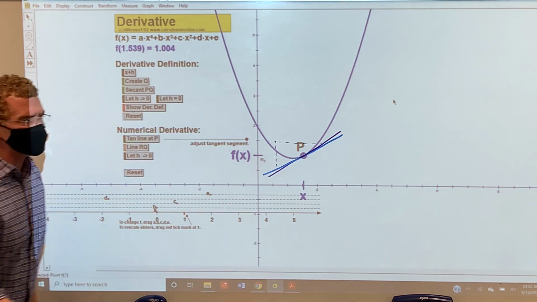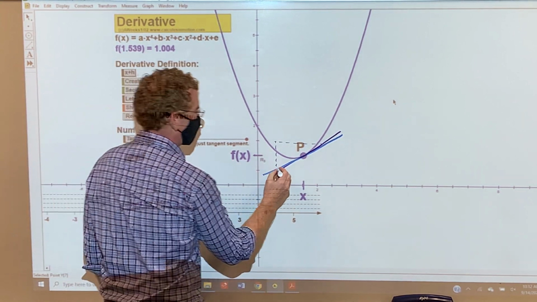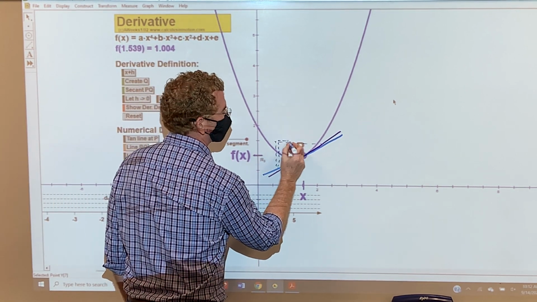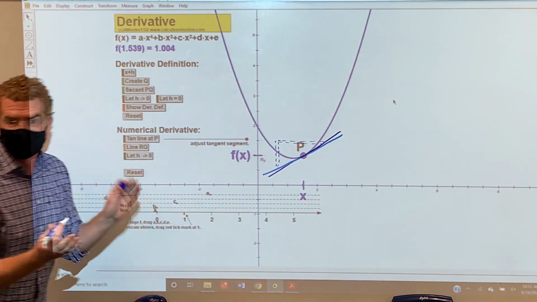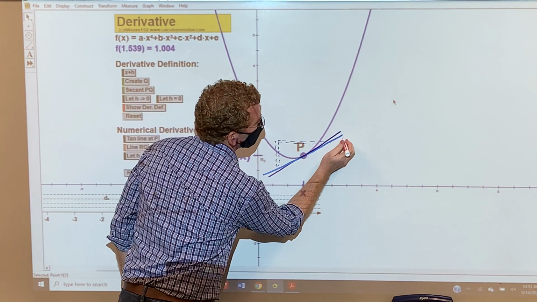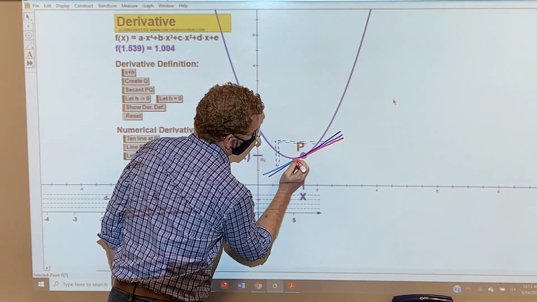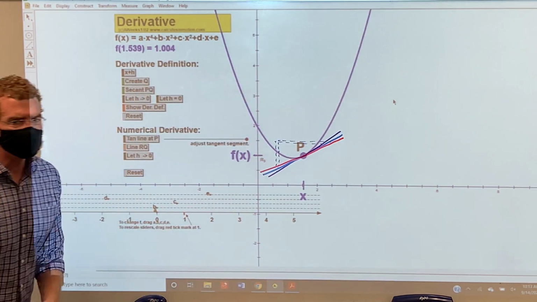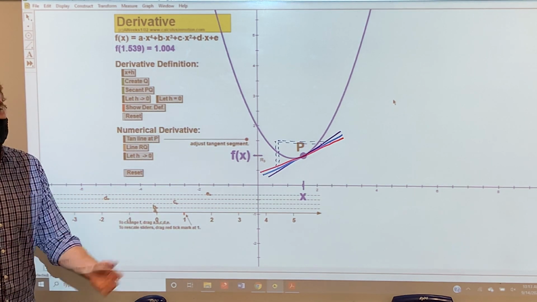And it still looks like a tangent line. But very clearly, I've got a different rise and a different run, don't I? Because it's a different tilted line. And I could have even somebody else come up here and draw a line that appeared tangent. So just eyeballing the tangent line is pretty rough.